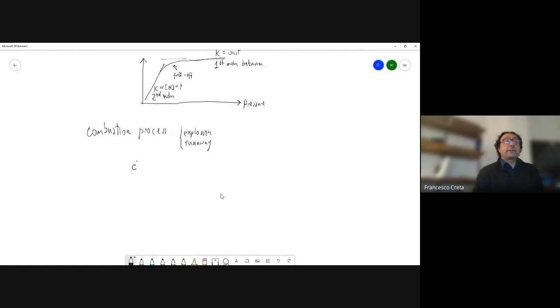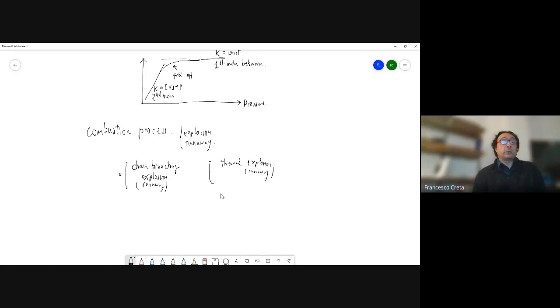So one phenomenon we can call the chain branching explosion or runaway. And the other one is called thermal explosion, or again, runaway.